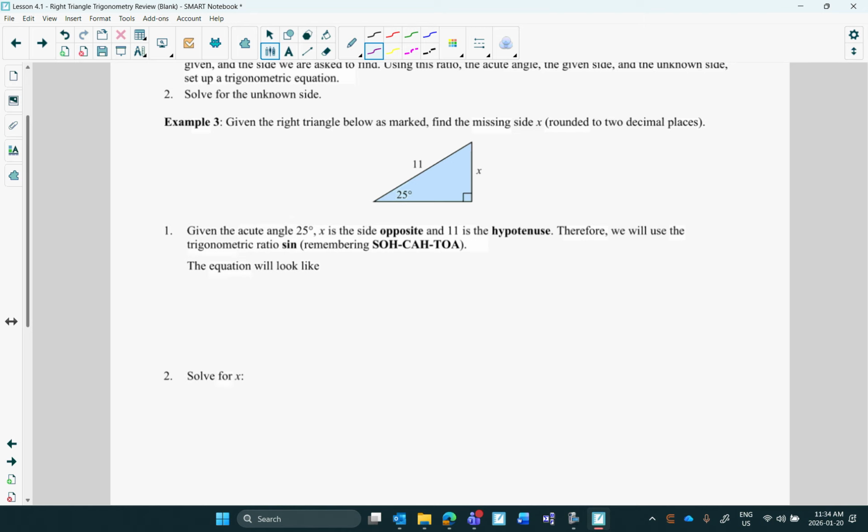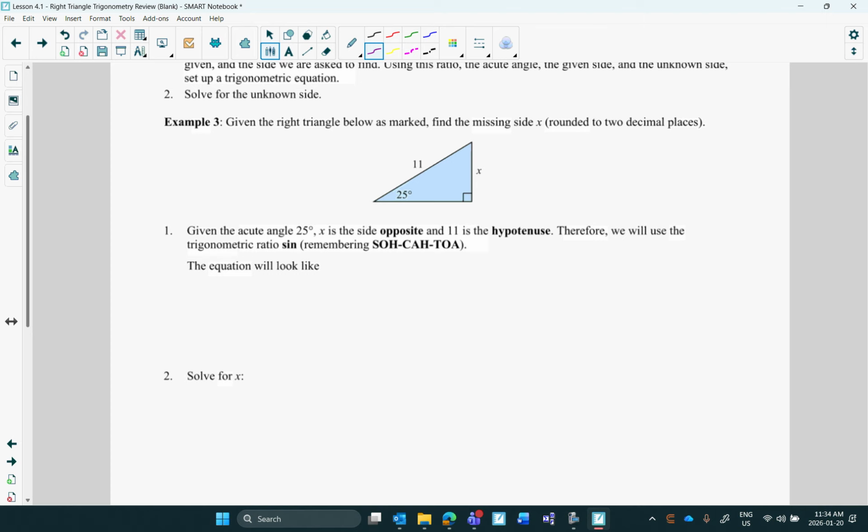Okay, this one. We are given one of the acute angles is 25 degrees, and the vertical side is x, so that's the side we're trying to find. We are given a third side as 11. The first thing we need to do is figure out what trig ratio we are using. If this is the angle, what's the name of this side? Opposite, adjacent, hypotenuse.